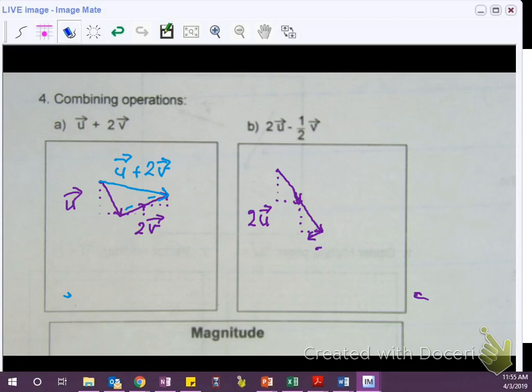So that is minus half V. Go down 1/2. So then my resultant vector, the blue one here, is 2U minus 1/2 V.